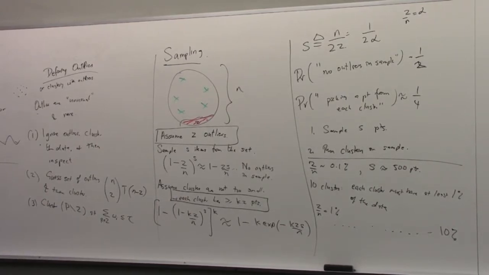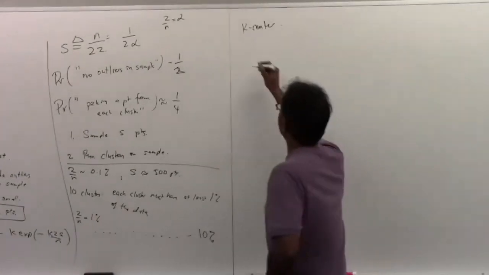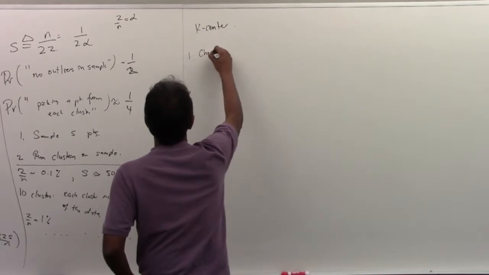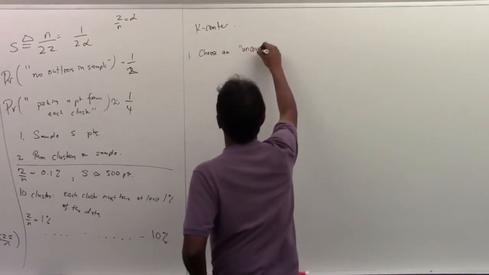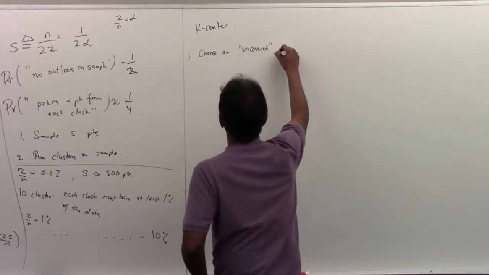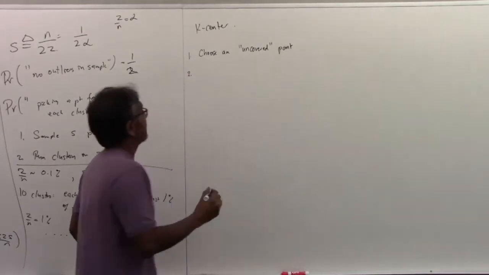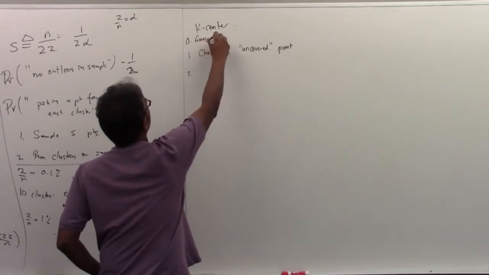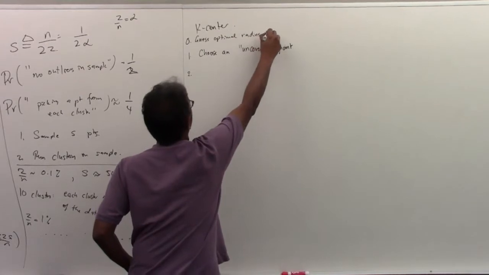Let me rewrite that algorithm in a different way. Instead of doing the furthest point trick, here's what I'm going to do. Step 0 is guess the optimal radius, the optimal cost of the k-center clustering.